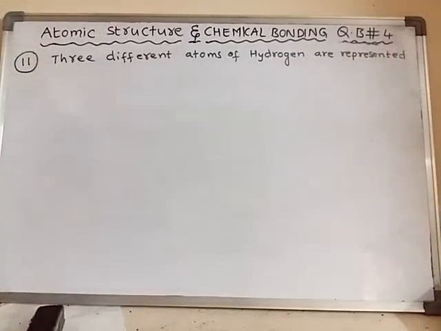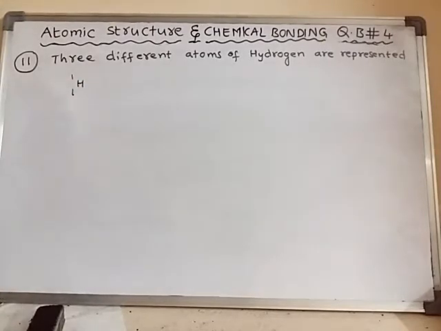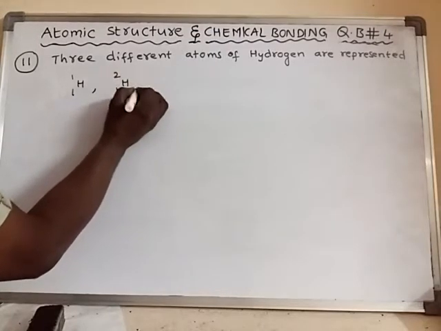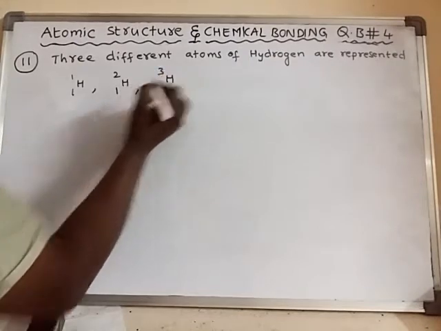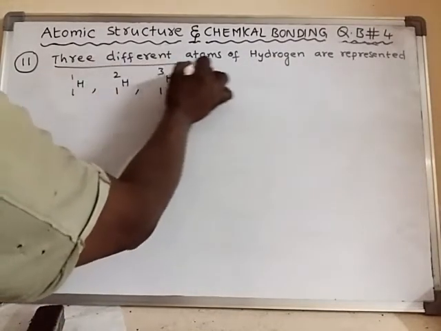Three different atoms of hydrogen are represented like this: 1H1, 1H2, 1H3. So these are three different atoms of hydrogen.